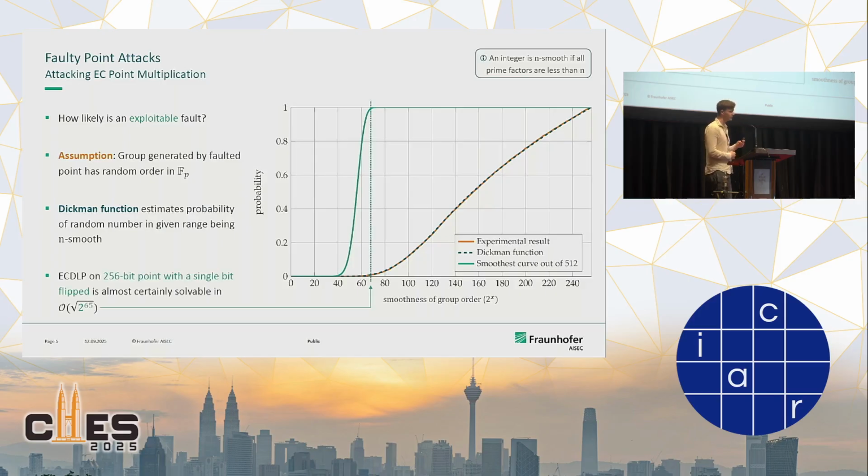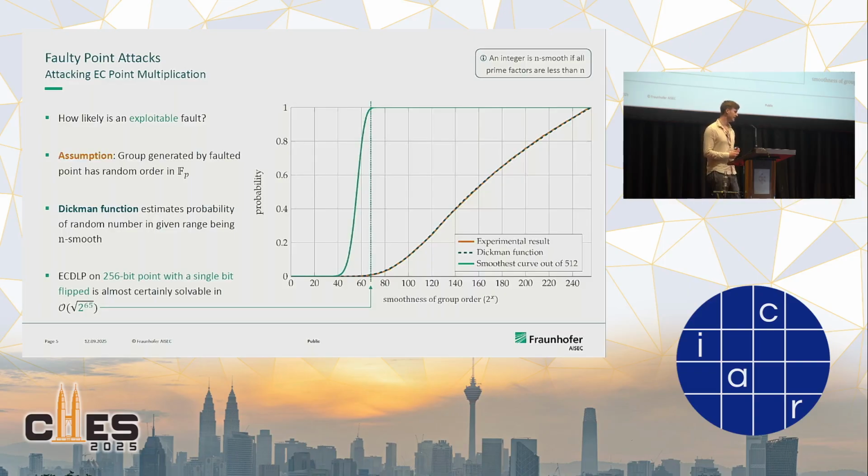Now, since we don't only have one fault that we can consider, quite a lot of faults if we target an elliptic curve point. If we just want to look at every possible single bit flip in an elliptic curve point on a 256-bit curve, we basically have 512 candidates that we can check.